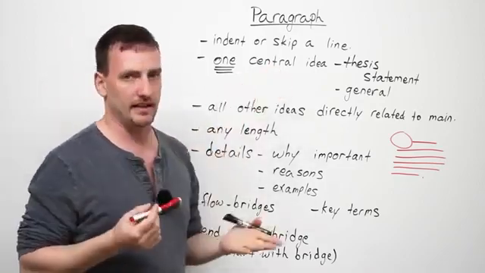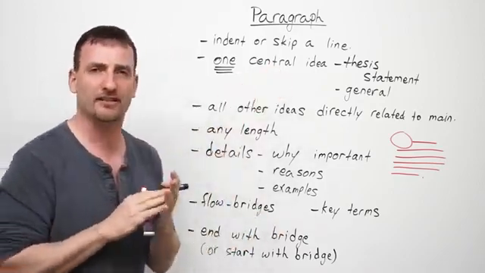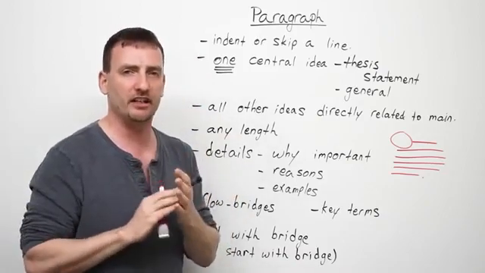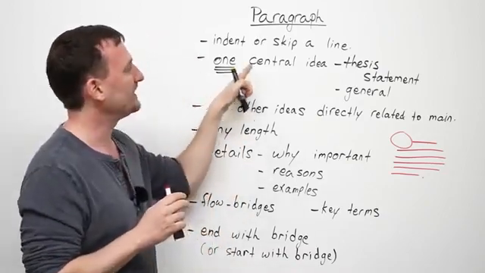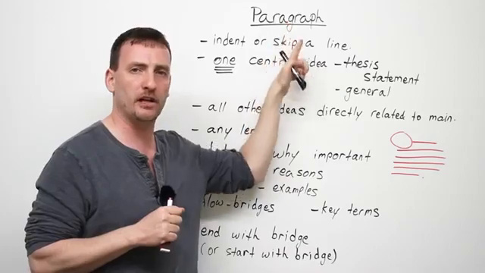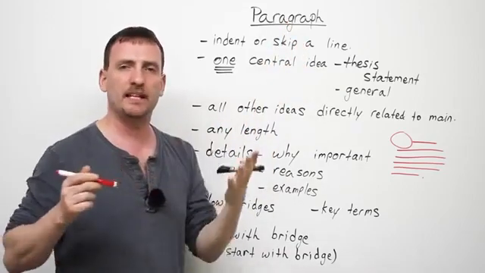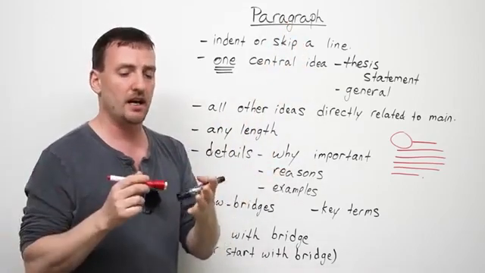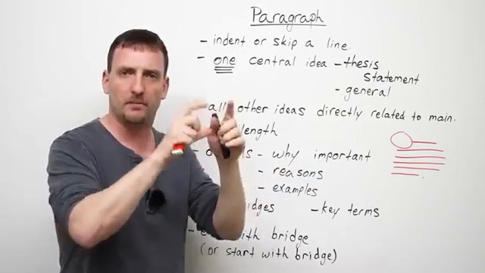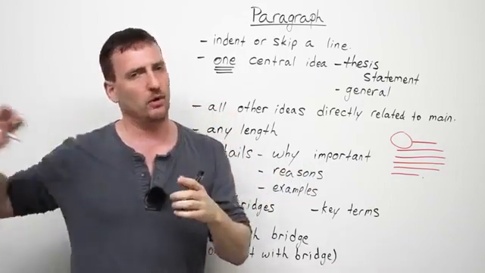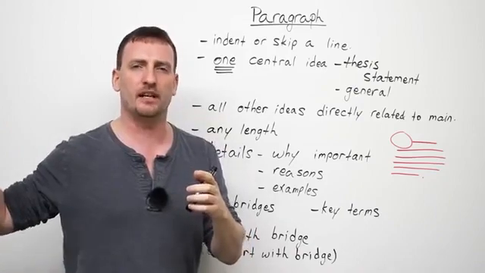In terms of content, and I can't stress this enough, very, very, very important: one central idea in one paragraph. Okay? I've seen many essays where you start a paragraph talking about one thing, and then you go off on a tangent and talk about something completely unrelated.